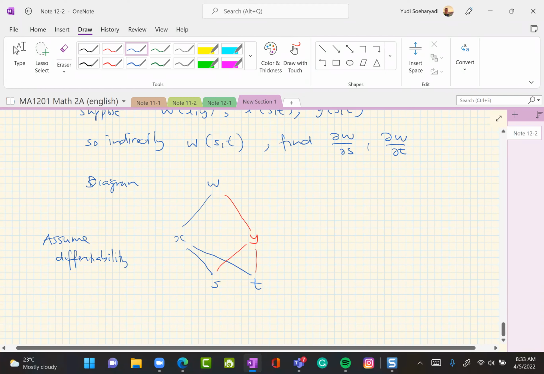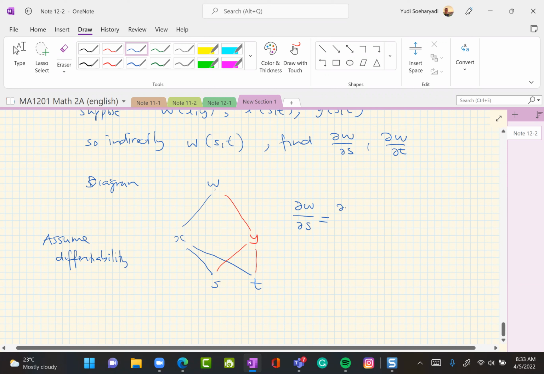Now you can compute dW/ds. There are two ways to proceed from W to s.